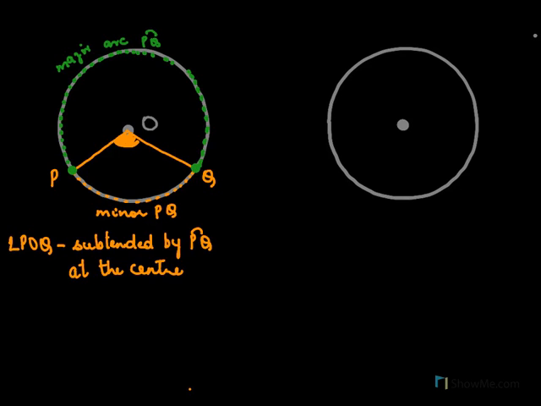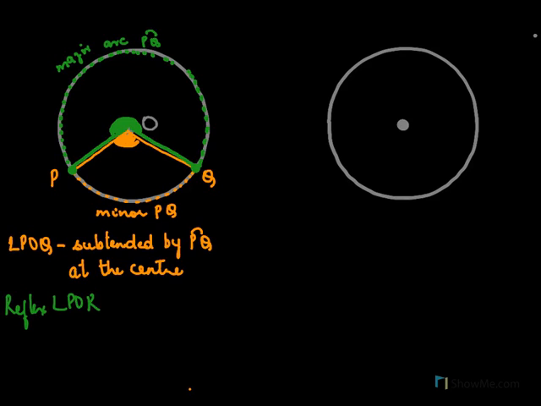Now let us mark the central angle. For that I have to join P to O and Q to O. So this angle here that I have is the angle subtended by major arc PQ at the center. Now I call that angle a reflex angle POQ.